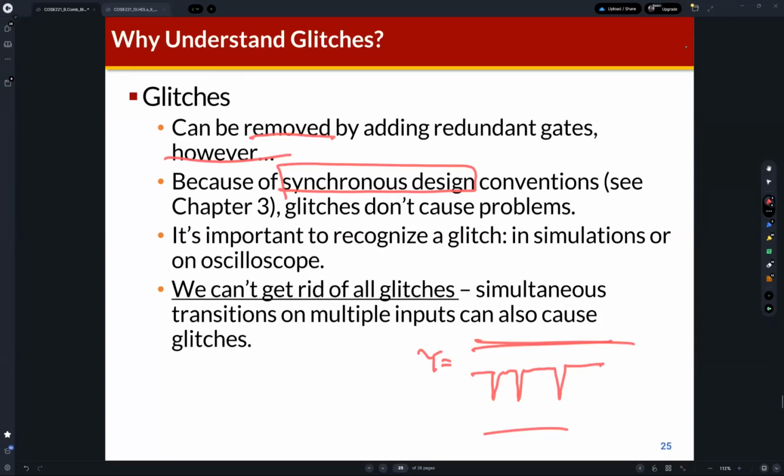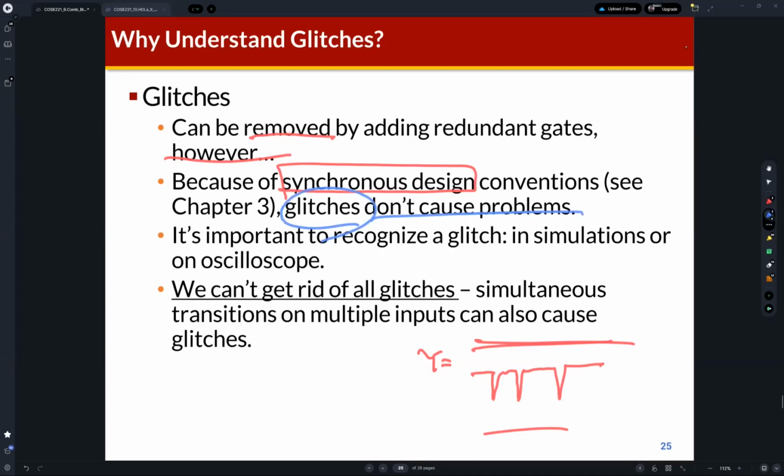But everyone wants to get a clean result from the input signal. So we use synchronous design, or sequential logic. We can build the synchronous logic using sequential logic, and then we can ignore glitches.